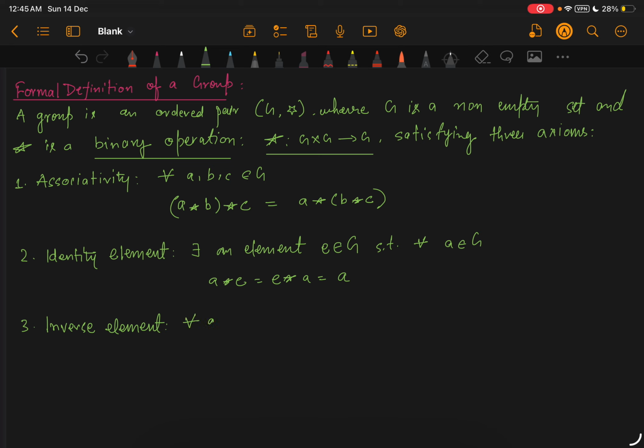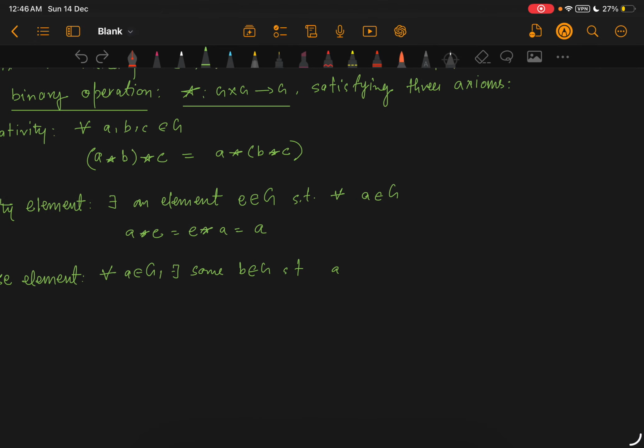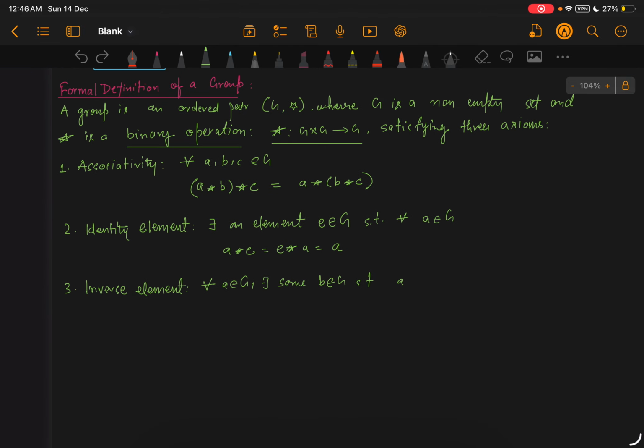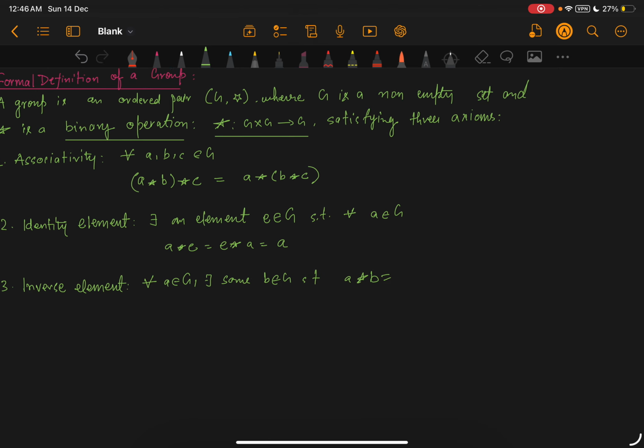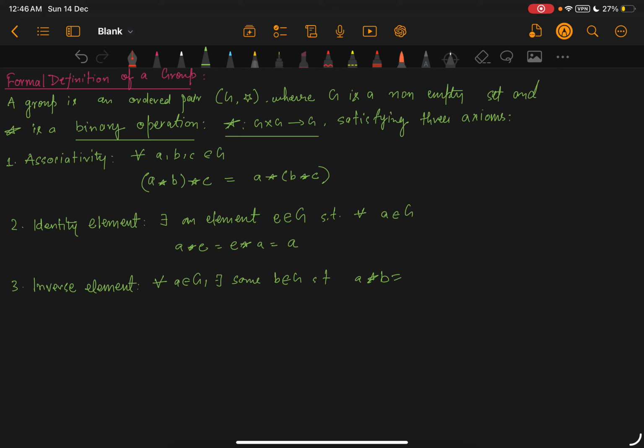For all a belonging to G, there exists some b belonging to G such that a star b is equal to b star a is equal to the identity, the same identity that we talked about in the second axiom.